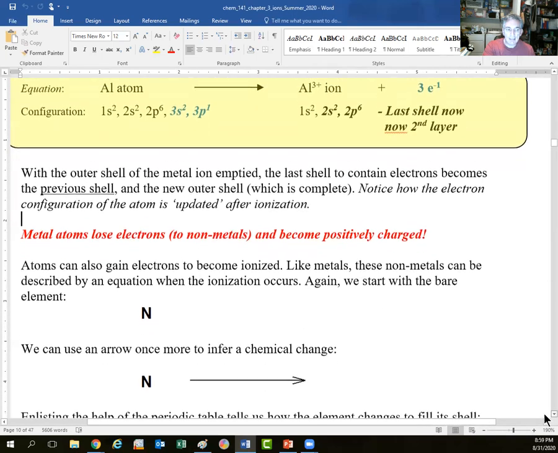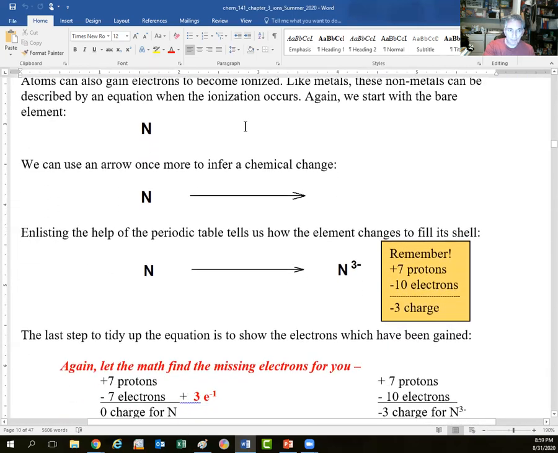We can pull the same trick with a non-metal. So nitrogen, the 5th element in the 2nd row, we need 3 more electrons to complete its octet like neon. And so it's going to be a charge of 3-.